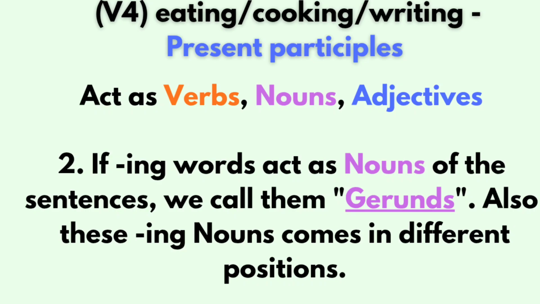So present participles act as nouns. We already discussed the definition of verbs, right? Present participles act as verbs and nouns. Remember, nouns come in the beginning or in the middle, but they act as nouns. We'll discuss the definition of adjectives, okay?